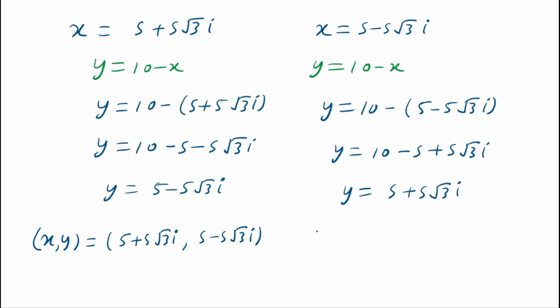So we have the second solution (x, y): the value of x is 5 minus 5 root 3 iota, and the value of y is 5 plus 5 root 3 iota. We have two solutions, this is the first solution and this is the second solution. This is our final answer.